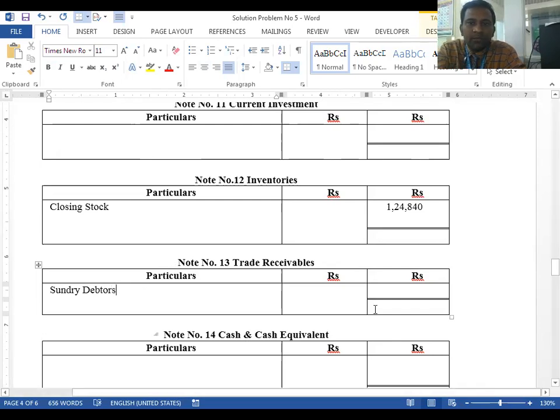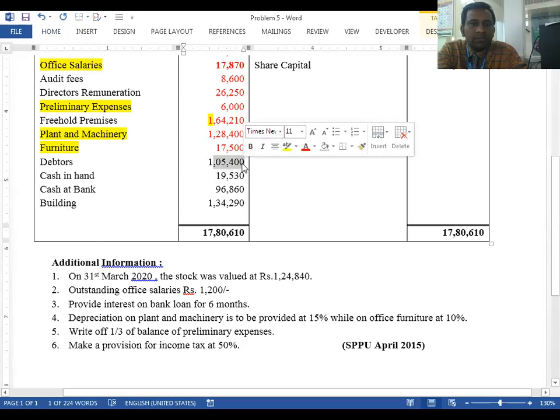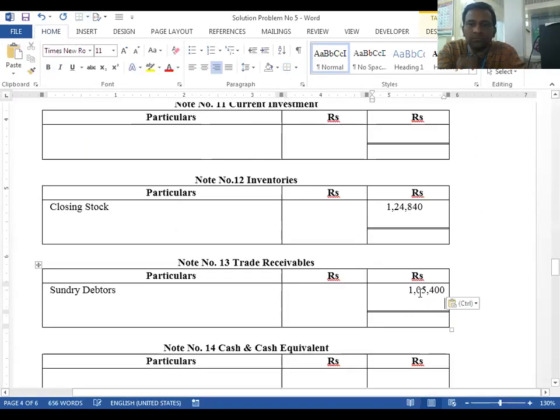Okay. What is the amount of sundry debtors? And also see if there is any adjustment related to the RDD. In the given problem, there is no adjustment regarding the RDD. So this amount is directly transferred to the outer column. 1,05,400.